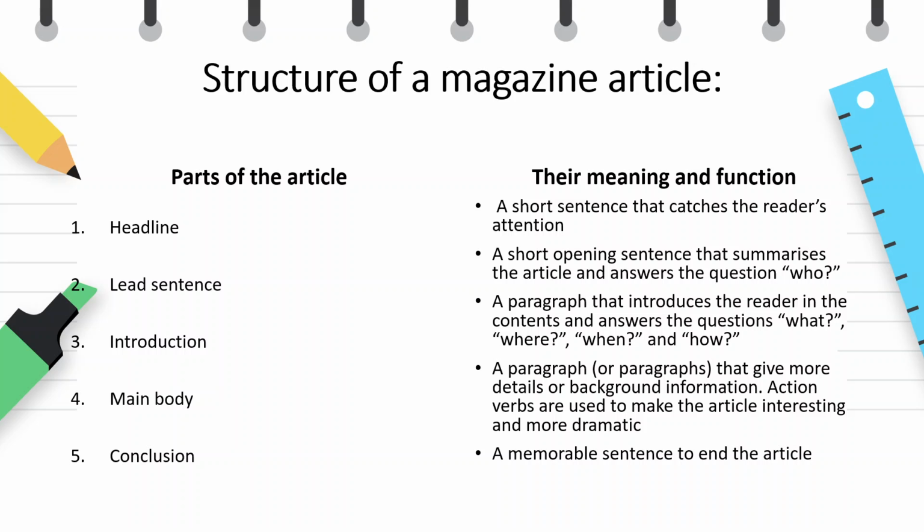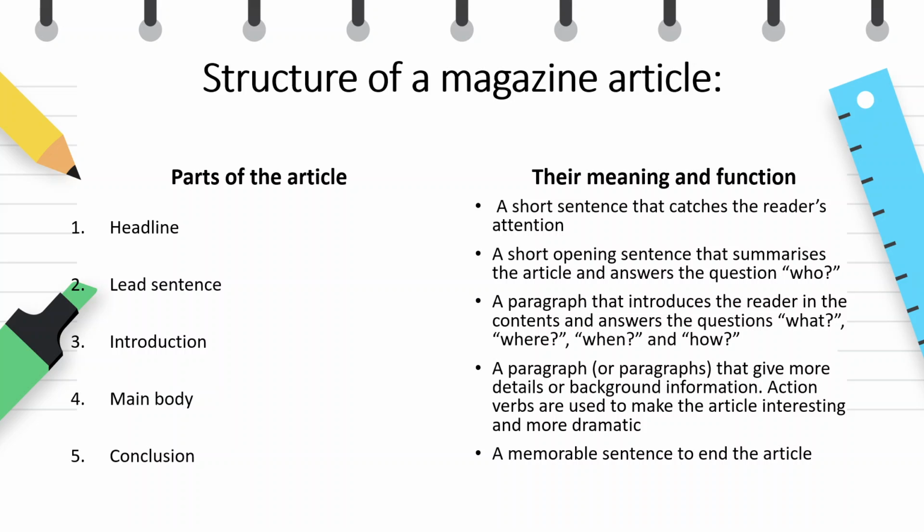The headline is a short sentence that catches the reader's attention. The lead sentence is a short opening sentence that summarizes the article and answers the question who. The introduction is a paragraph that introduces the reader to the contents and answers the questions what, where, when, and how.